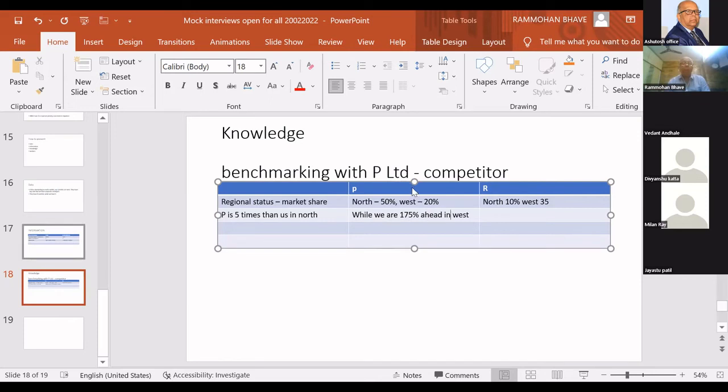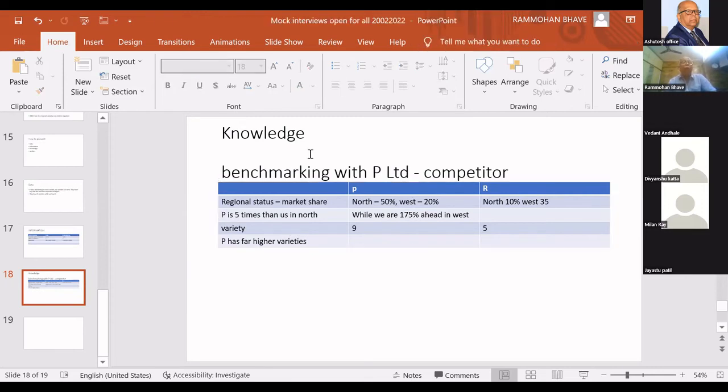Then he says varieties, 9 and 5. They have, or P has, far higher varieties. Okay. Likewise. Then he said, no, I want wisdom.